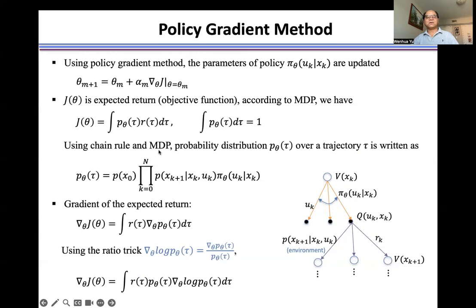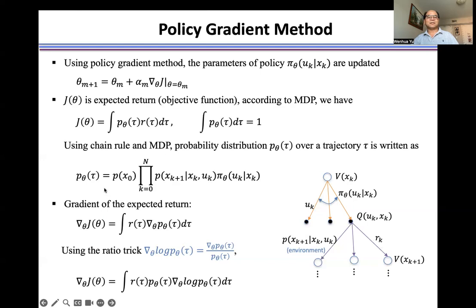From a Markov decision process, we can see this probability distribution can be expressed as this policy times this state transition probability. Of course, this distribution times this reward, we can get the reward from state xk to state xk plus 1.